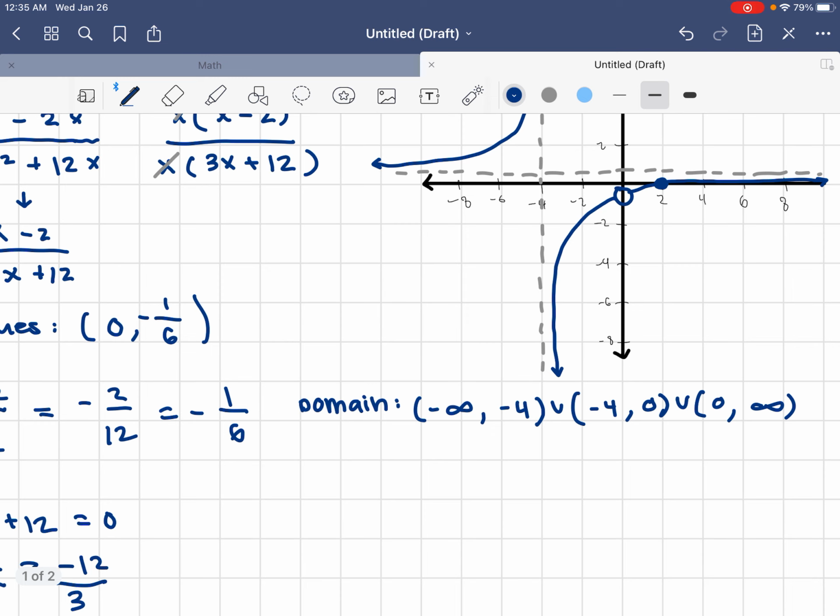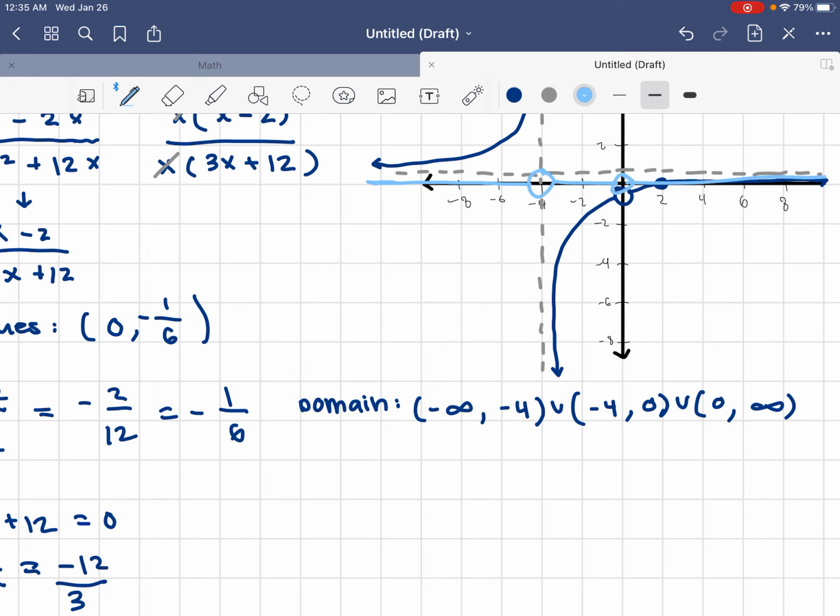So our domain, basically, what this represents for the x-axis is you have solutions. So basically this graph is continuous going this way and this way, except for here and here. So that's what that means.